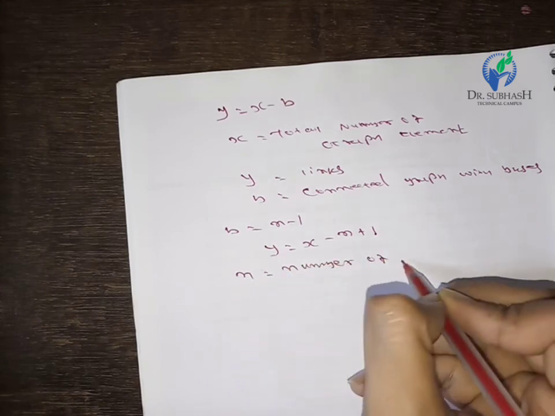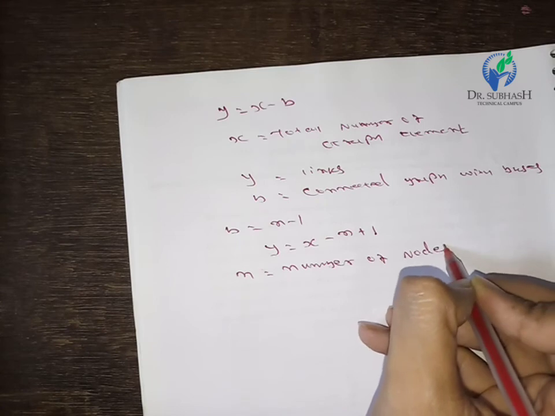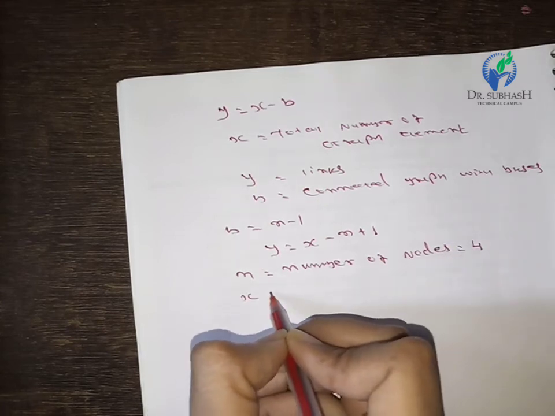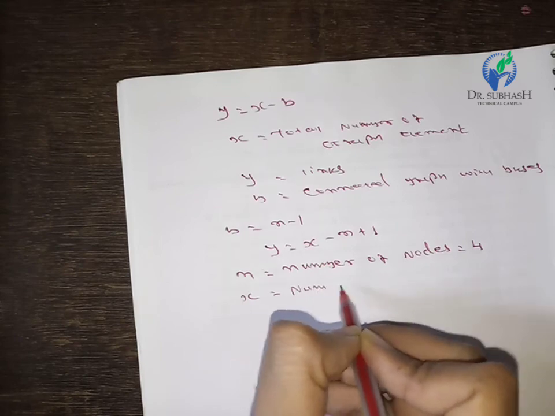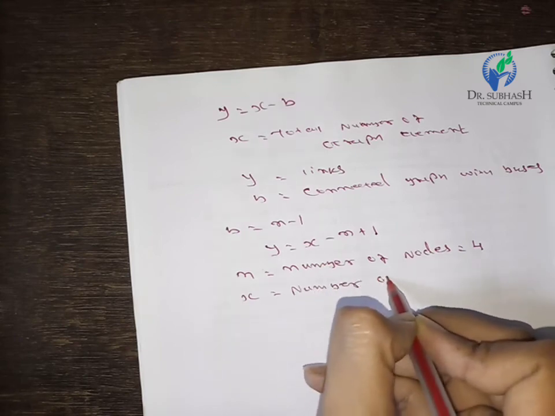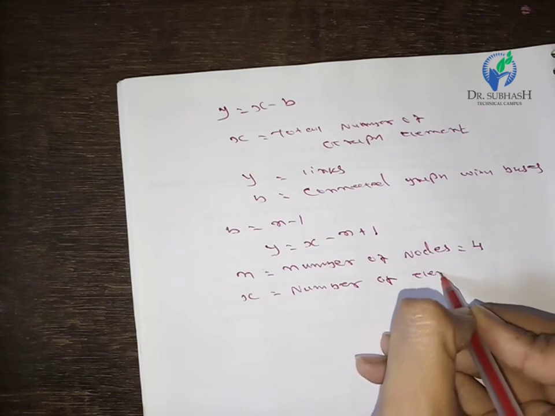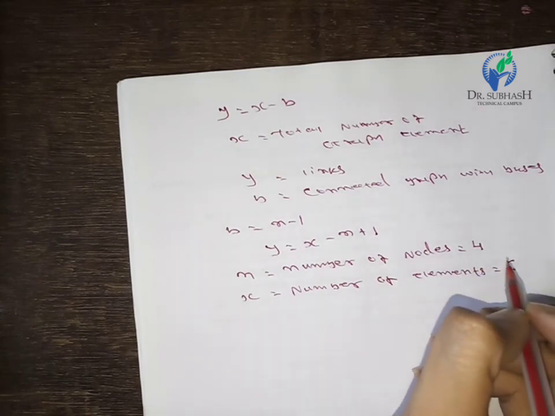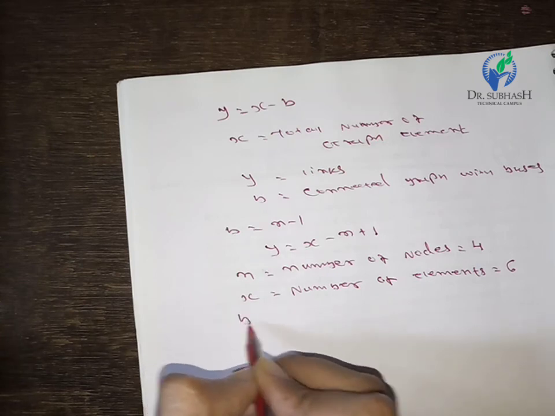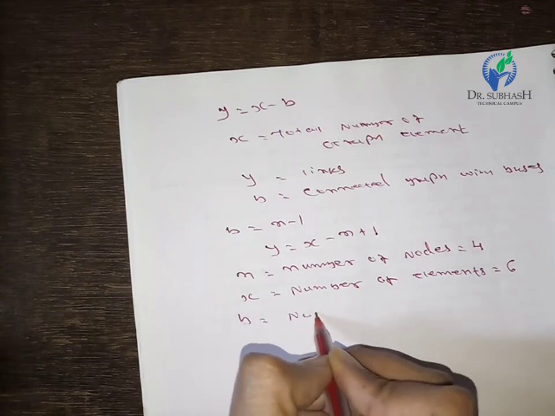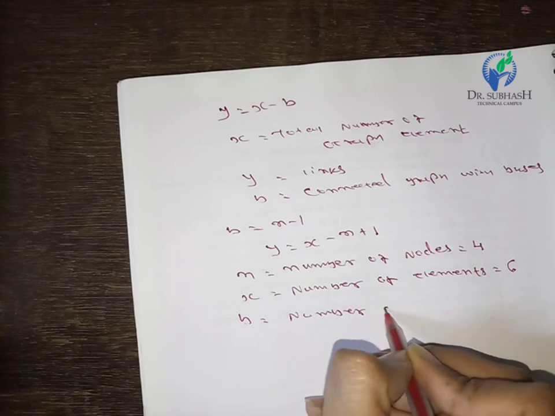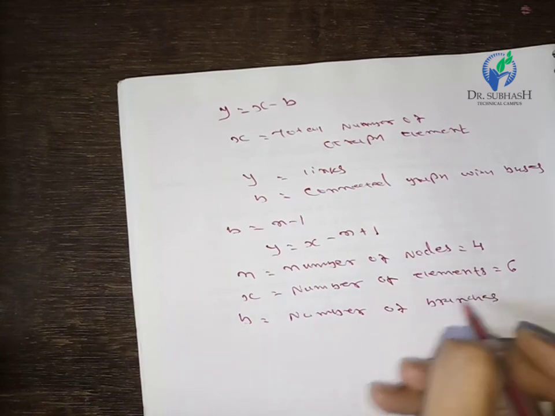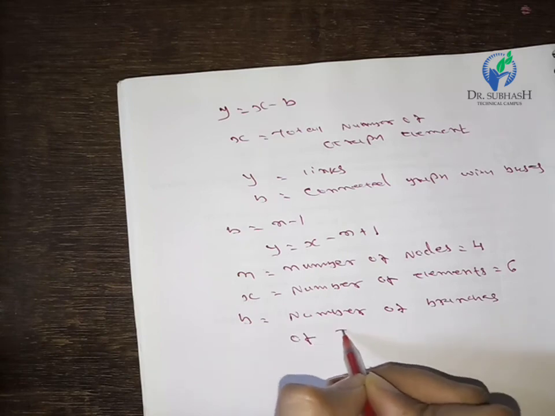By using the co-tree network, n is equal to the number of nodes, which is 4, and x is equal to the number of elements, which is 6 in the co-tree network, and b is equal to the number of branches of a tree.